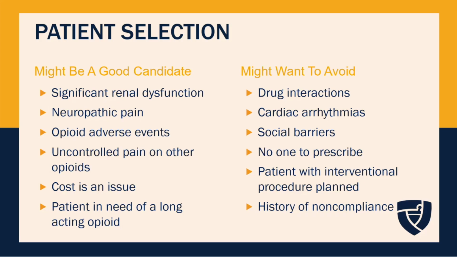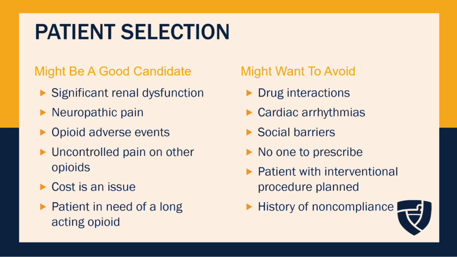So which patients may be good candidates and where might we want to avoid methadone? Good candidates may be those with significant renal dysfunction. As mentioned, it's not really renally eliminated. Those with neuropathic pain, those who've had opioid adverse events to other drugs, those with uncontrolled pain on other opioids.